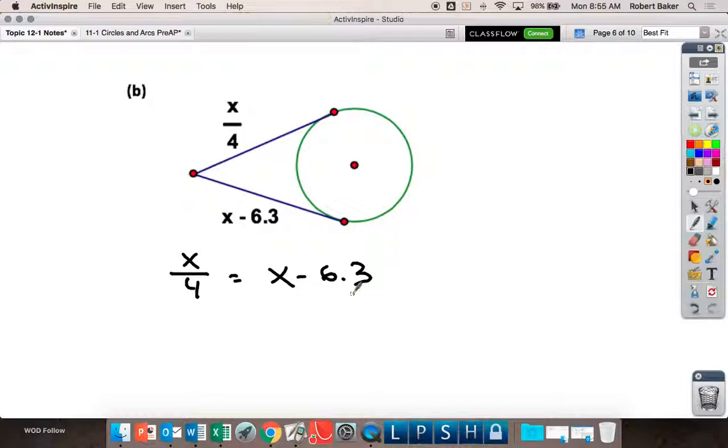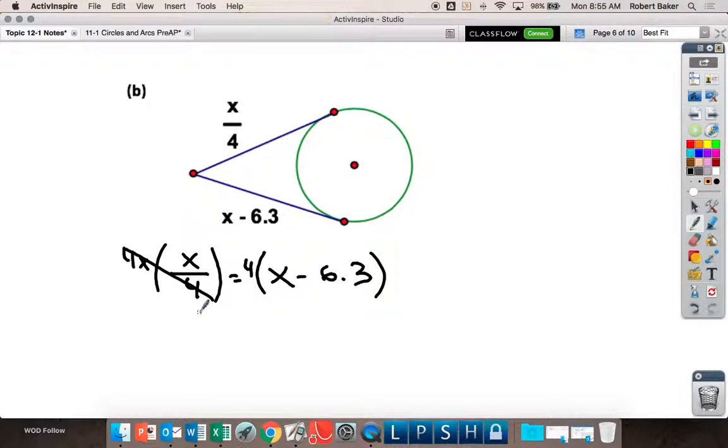So what would you do? How would you start this? I would multiply both sides by 4 to get rid of the denominator.